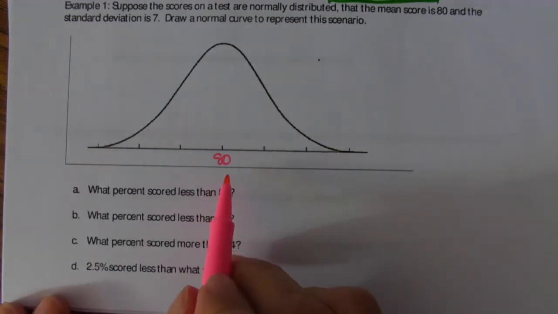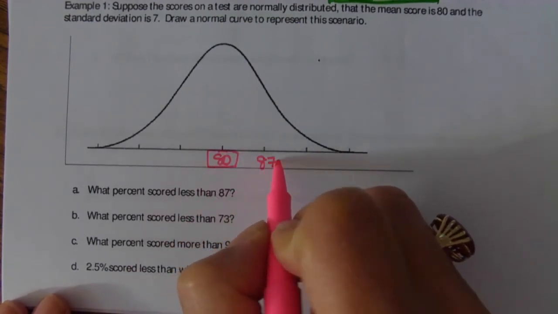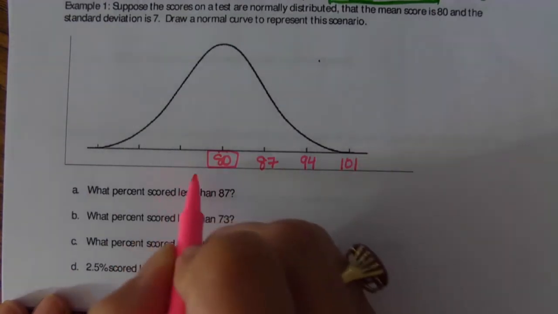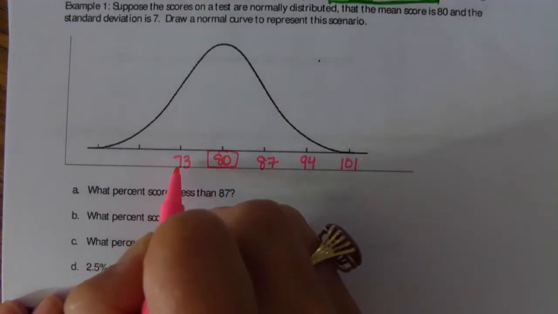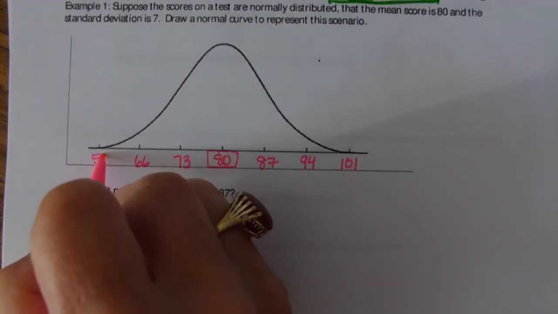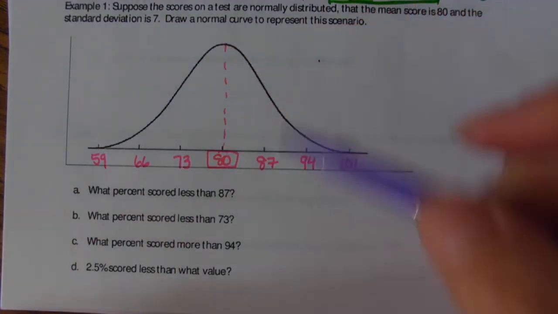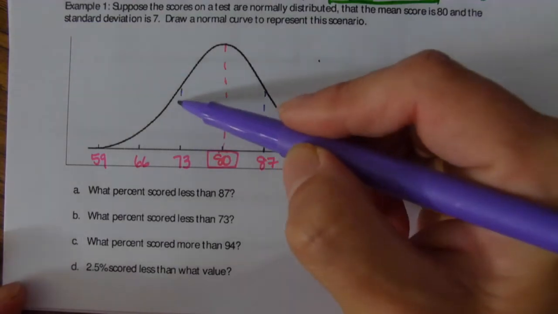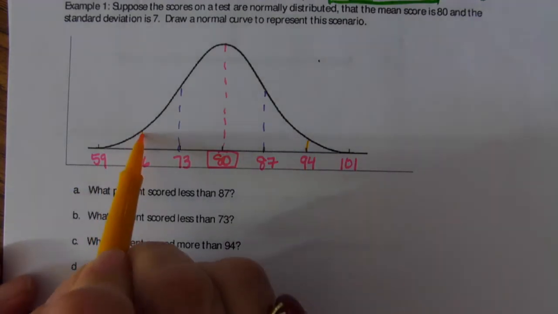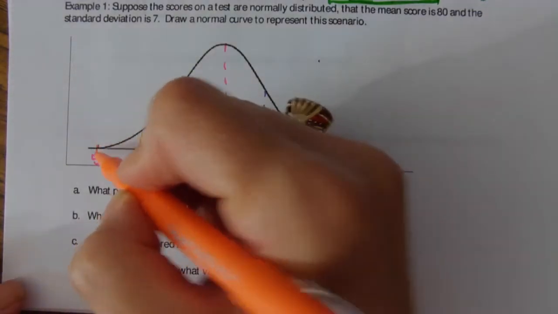So what are our numbers going to be? 80, that's our mean, right? 87, plus 7 is 94, plus 7 is 101. 80 minus 7 is 73, minus 7 is 66, minus 7 is 59. So this is my mean, right? And then it may help you to put your little, I like different colors. Of course, right there would be the very end.